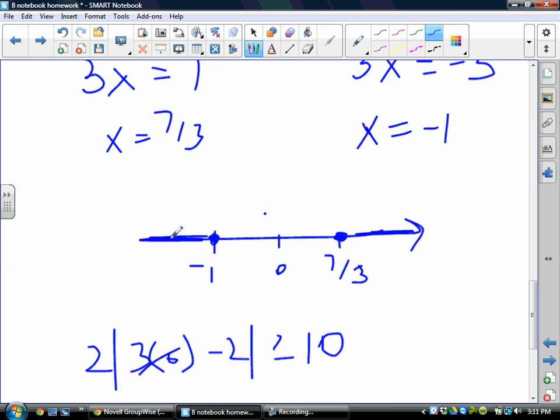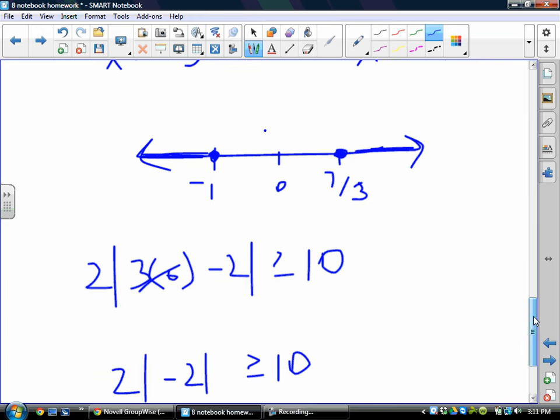We talked about this, when they're outsides, that means or. Some of you had some clever ways to remember that. So I can write it in red here, we got x is less than negative 1, or x is greater than or equal to 7/3.